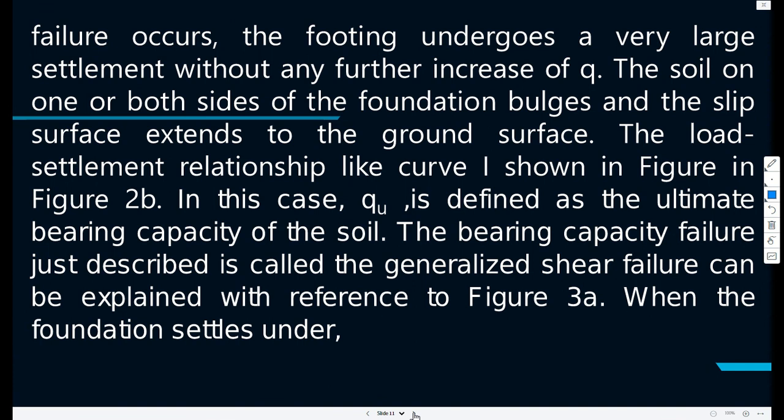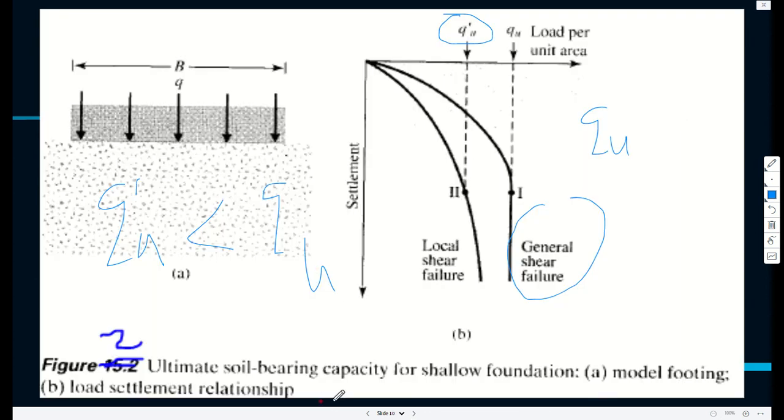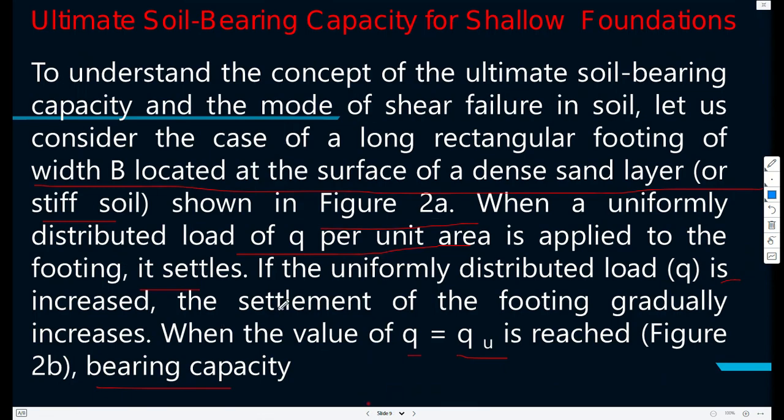The last statement was bearing capacity. So bearing capacity failure occurs. If you are lost, you can connect here. QU. So when you are saying Q equals QU is reached, that's failure.